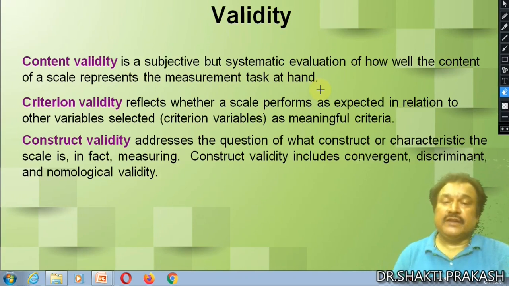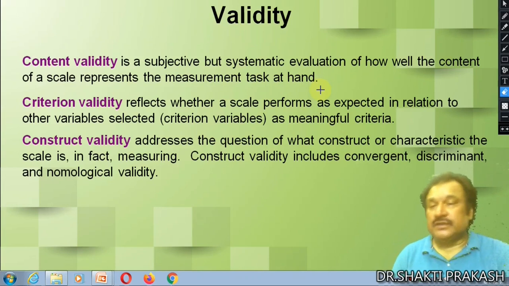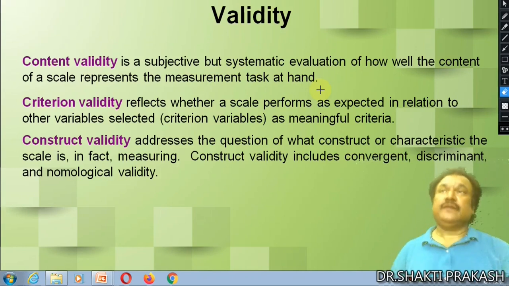Criterion validity reflects whether a scale performs as expected in relation to other selected variables as meaningful criterion variables. Criterion means the constructs we have developed should be arranged in meaningful ways. Whatever criteria we are using should be meaningful.